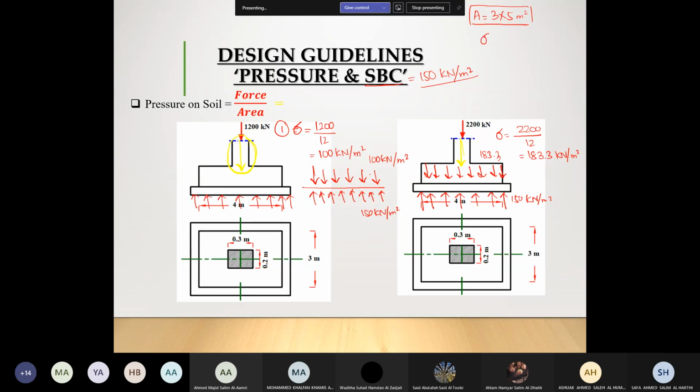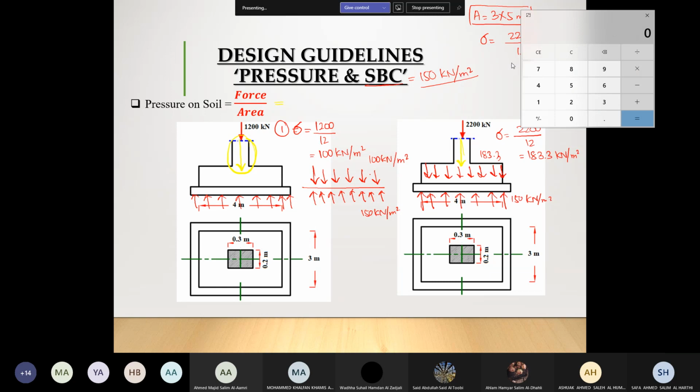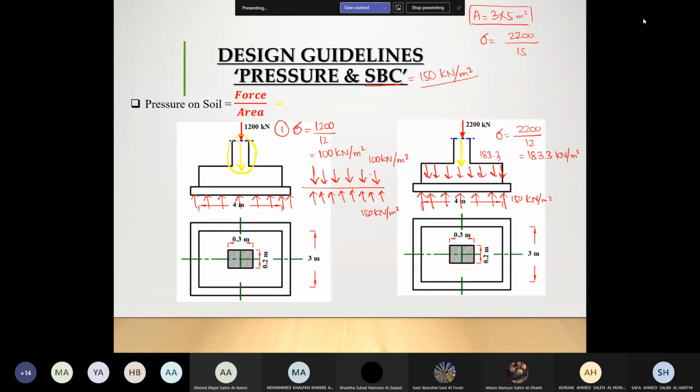So now my stress is going to be 2,200 divided by 15. You will see that it's 146.67. Now, is it fine? Can 146 be taken by the soil? Yes. Okay. So in this scenario, you are going to make sure that your foundation is safe.